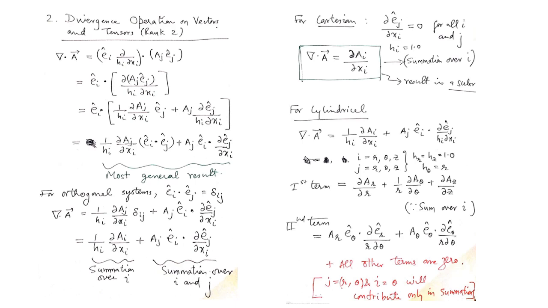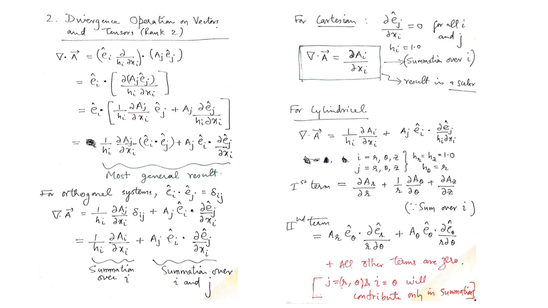Now for orthogonal systems, we are already familiar. e_i cap dot e_j cap, for an orthogonal system, is equal to delta_ij, the Kronecker delta, already discussed in my lecture 5. And so del dot A becomes this term on the right, and finally the Kronecker delta can be just removed by taking j is equal to i in the first term.